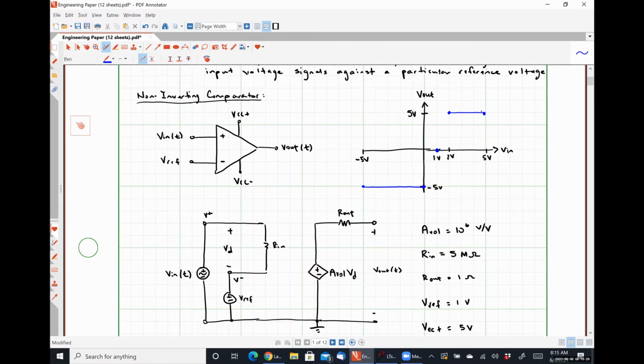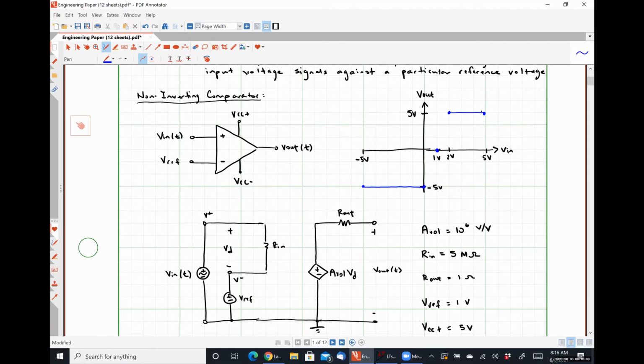What is Vd? 0.001. Yeah, 1 millivolt, okay? So if Vd is 1 millivolt, what is V out? 1 kilovolt. Okay, so 1 millivolt times a million is 1 kilovolt. I agree with that. 1 kilovolt is much larger than 5 volts.